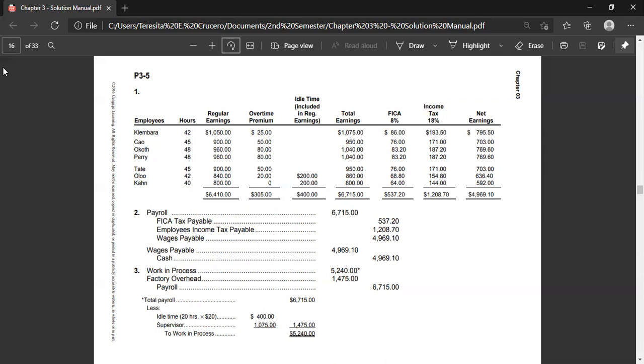So 2 hours multiplied by 12.50. 12.50 is the overtime premium because the overtime is charged at 1.5. So if the rate is 25, the overtime rate becomes 37.50.